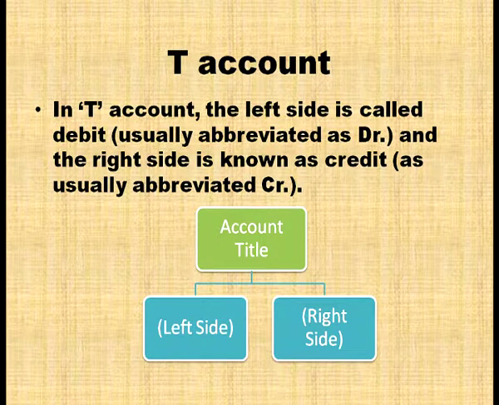What will be the format of the account? We should know that. We have a T formatted account. Left hand side is called debit and abbreviated as Dr. And right hand side you will indicate as Cr. That means it is the credit side.